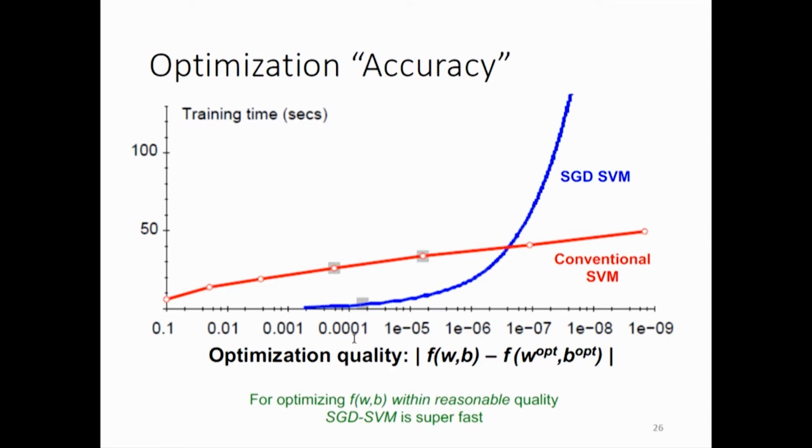The y axis is time, so it takes a fraction of a second, whereas the other method takes something like 25 seconds. But if you want a very accurate solution, within 10 to the power minus 8, then suddenly stochastic gradient descent takes much more time than the normal method.